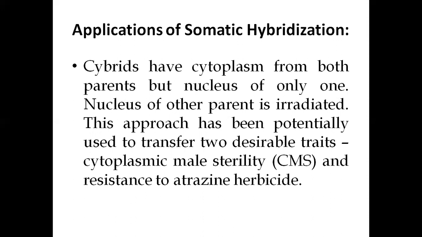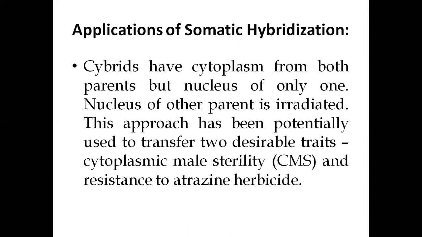One such asymmetric hybrid is cybrid formation. Here, the cytoplasmic material of the two parents will be fused, but the nucleus of only one parent will be retained. That means the nucleus of only one parent will be retained, but the cytoplasm of the two parents will be mixed in the hybrid.